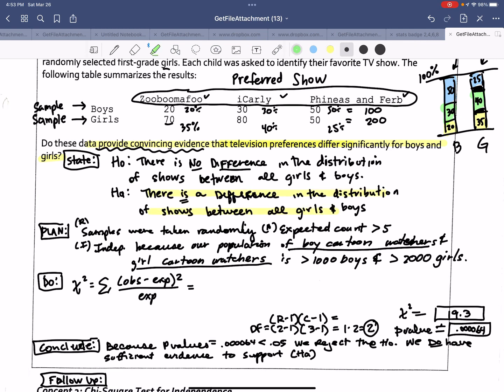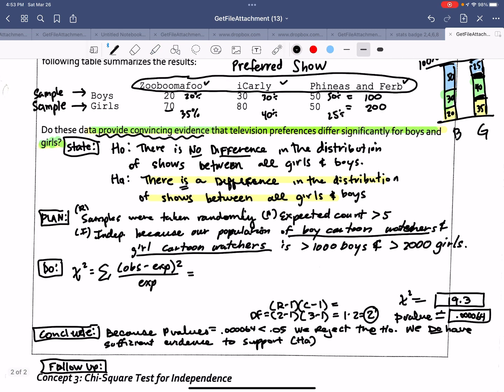So is that what we set out to prove? Yes. We wanted to prove that there was a preference, or that there is a difference in preference between the boys and the girls. And that's exactly what we've done. So to support that there is a difference in TV show preference between boys and girls.